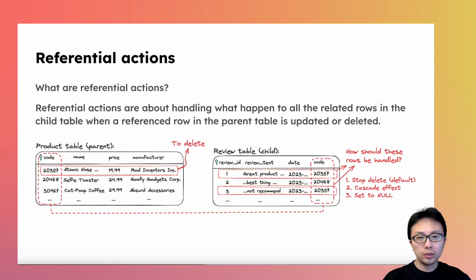When you need to delete or update the primary key of a row in the product table, but it happens to be referenced by many rows in the review table, you can specify whether such an action is allowed or not, and what should happen to the rows in the review table that reference the particular product you want to delete or update.